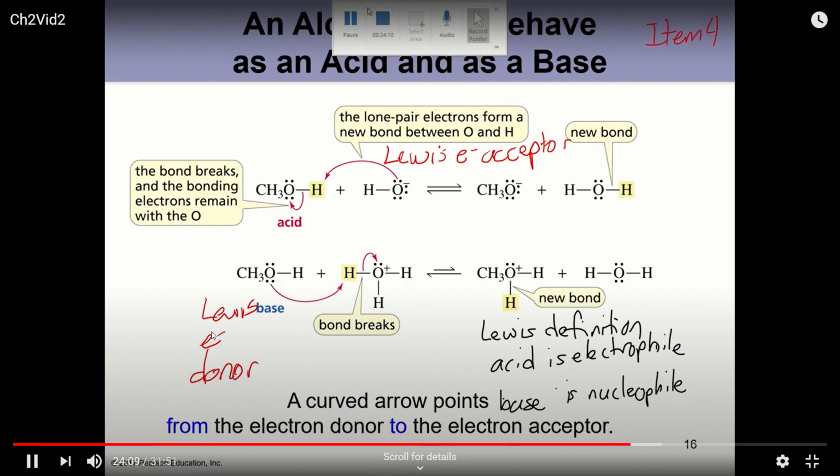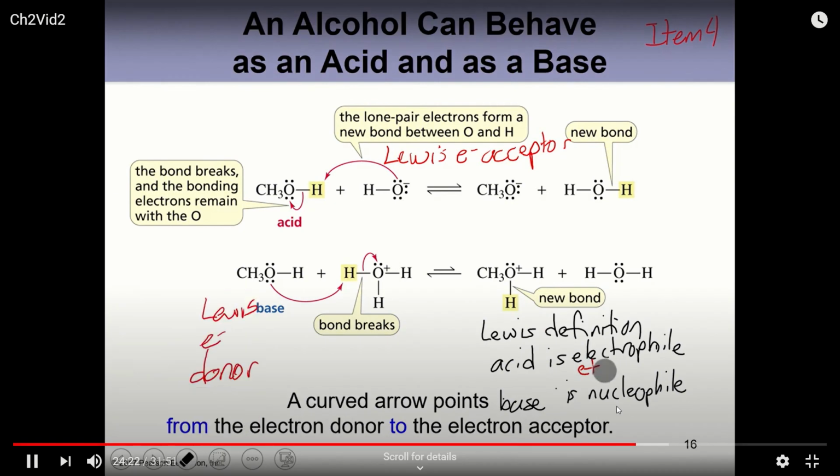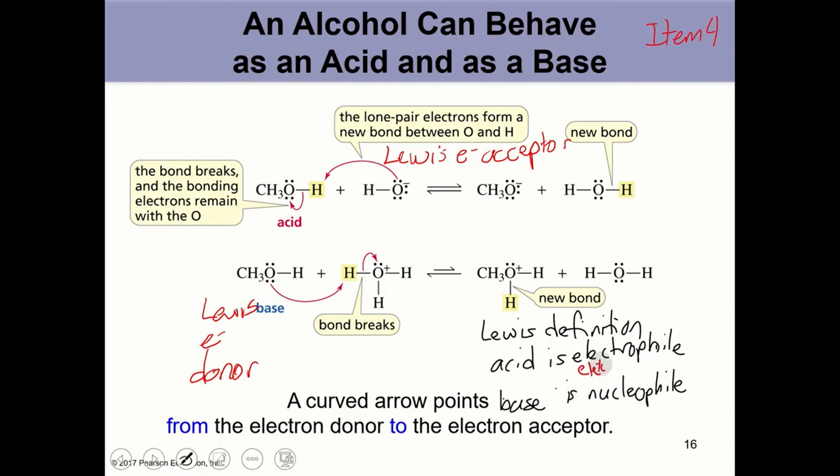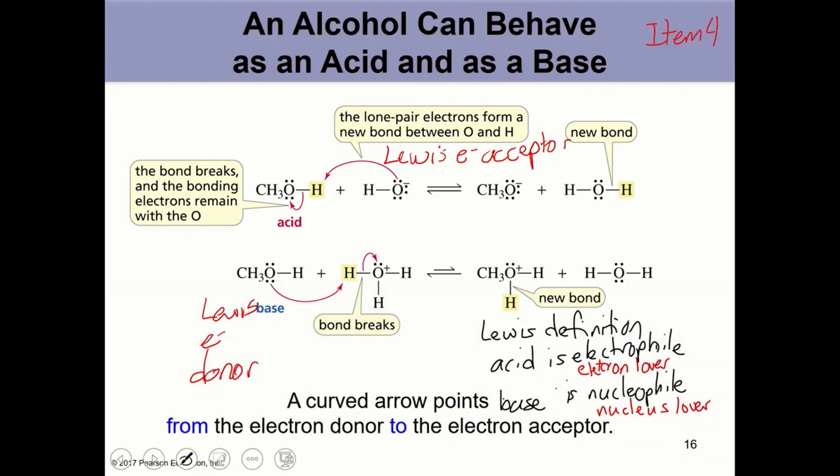Those electrons that are donated by the base are attracted to a positive charge, which occurs at the nucleus. So remembering our Latin roots, phile meaning love, that helps us remember our definitions: electrophile, electron lover; nucleophile, nucleus lover.